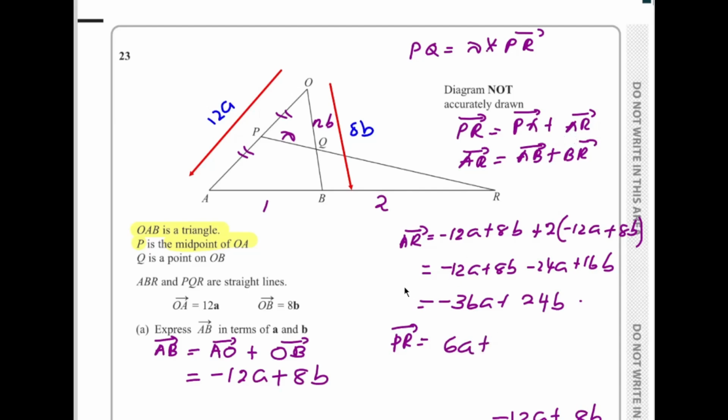AR is minus 36a plus 24b. Then PR comes as 6a minus 36a, which is minus 30a, plus 24b.